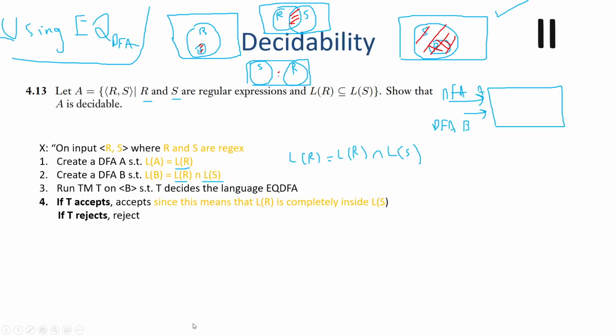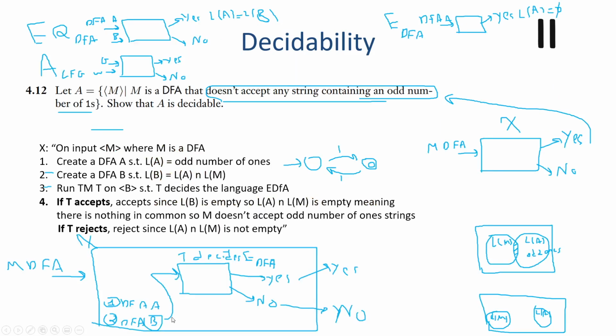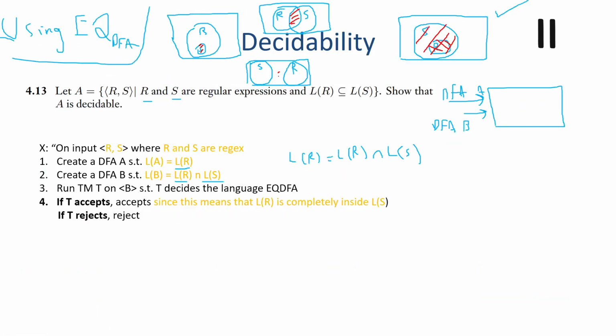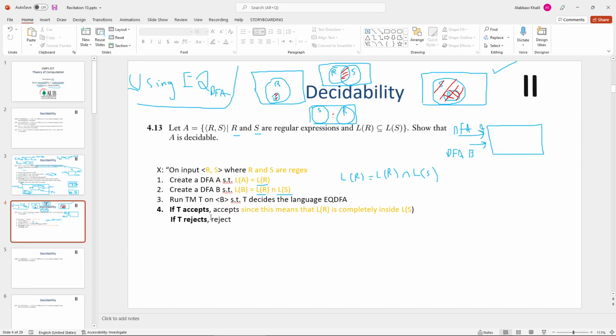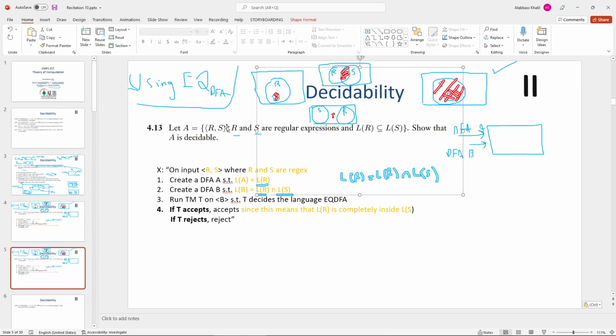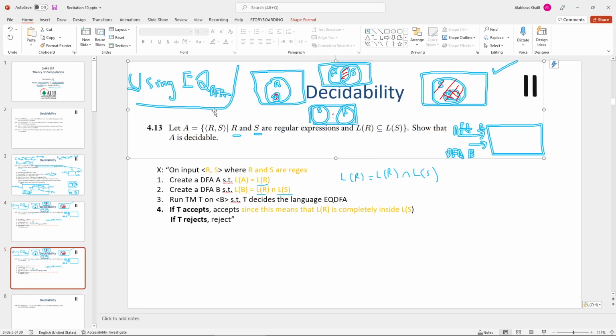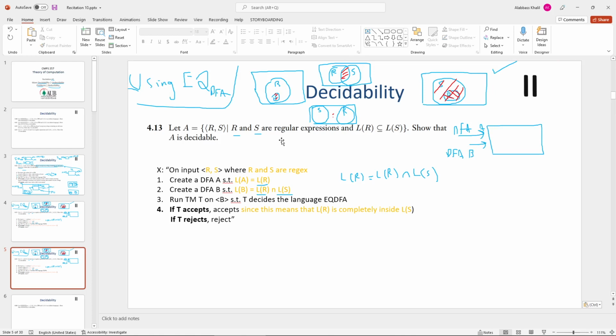Okay, and you can try to draw the machine yourself, and you'll get something similar to the drawing of X here. Now let's try to do the same thing, but now we're going to be using EDFA. So how do we do that one?